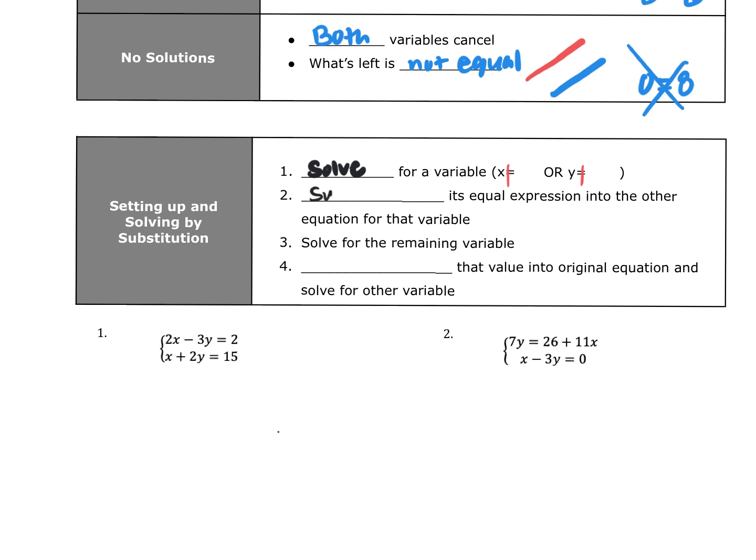This is just like what we did on the last lesson. So really the only new step today is number 1, solve for the variable. Then you solve for the remaining variable, and then you substitute that value in. So essentially, you want an x and a y.